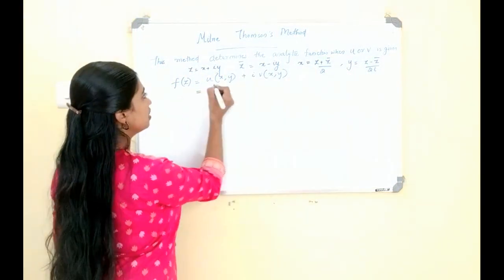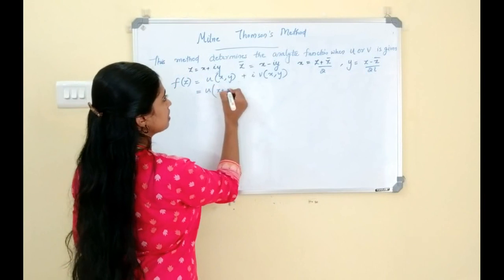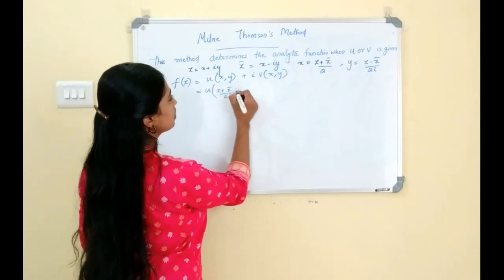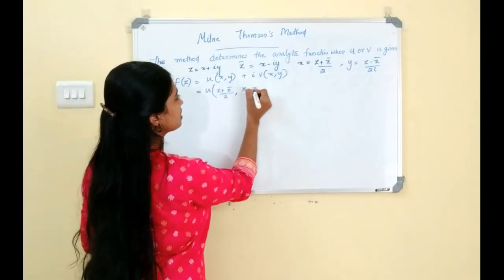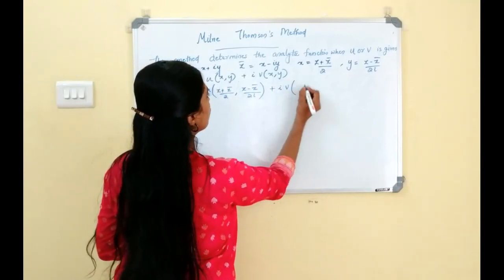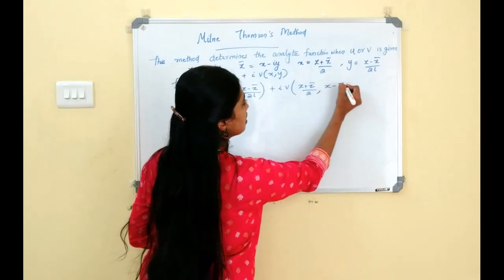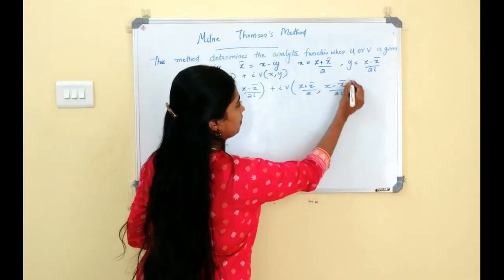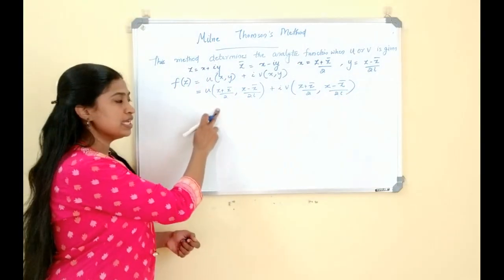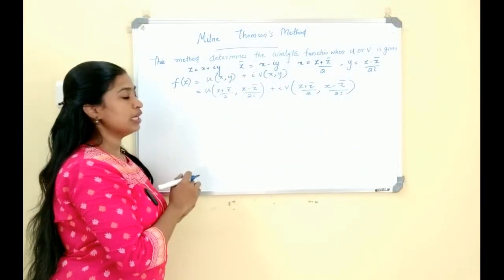So you can write u of z plus z bar by 2, z minus z bar by 2i, plus i into v of z plus z bar by 2, z minus z bar by 2i. Now we can consider this as an identity in two variables z and z bar.